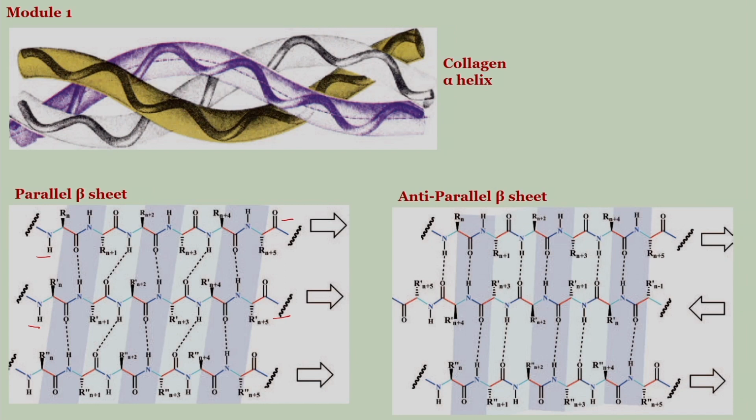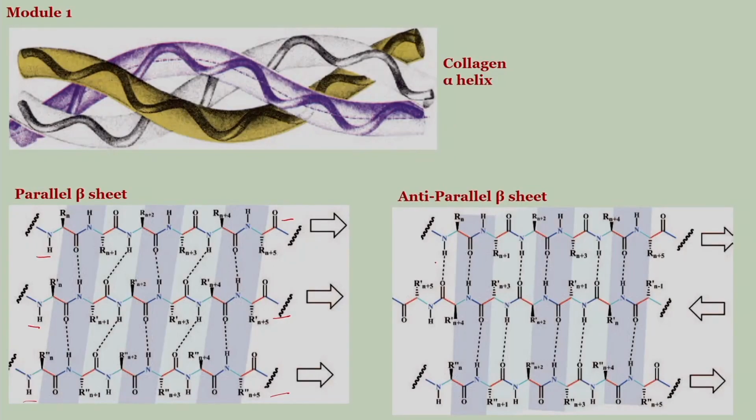We call them parallel because they are all from N terminal to C terminal, the same direction, all protein molecules. Or it can be the other way around. One molecule of the protein is N terminal to C terminal, and the other molecules you just make the other way around. This is the C terminal and this is the N terminal.